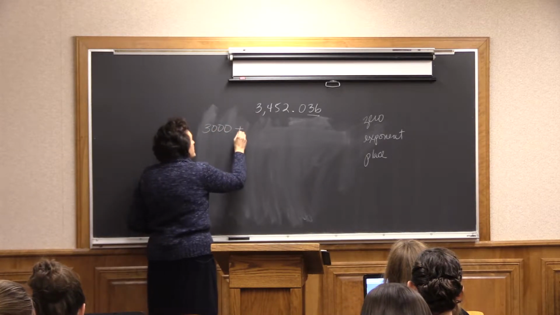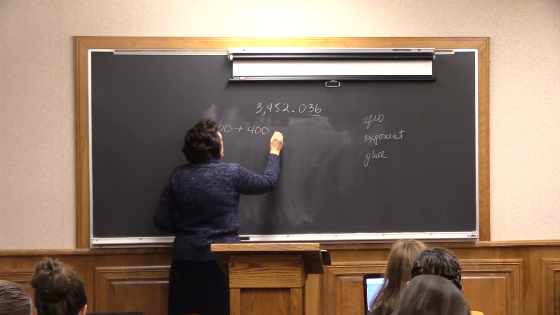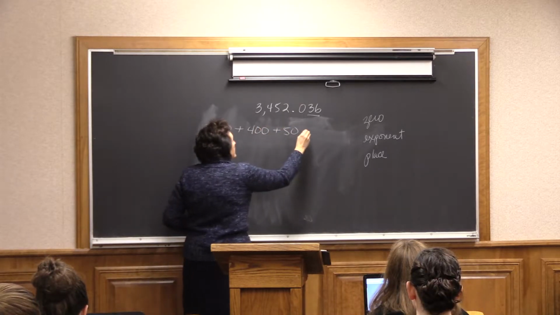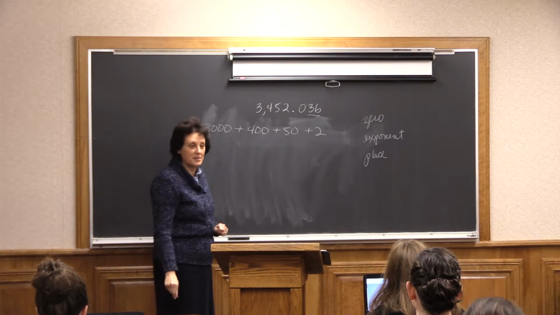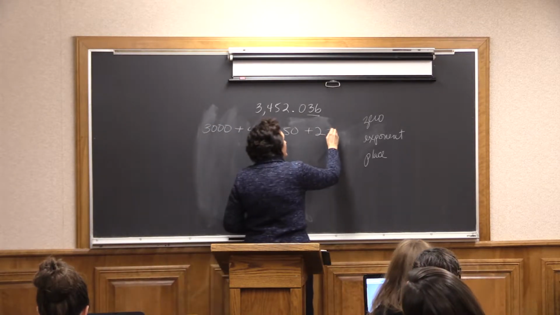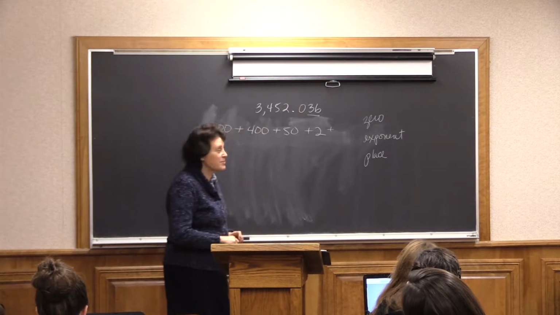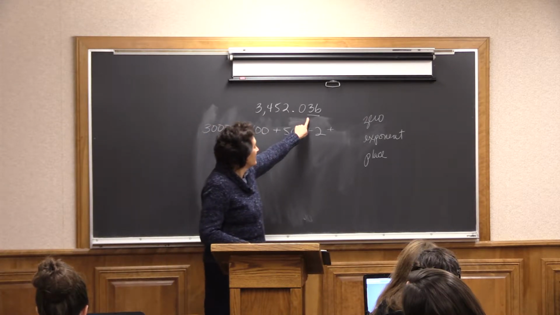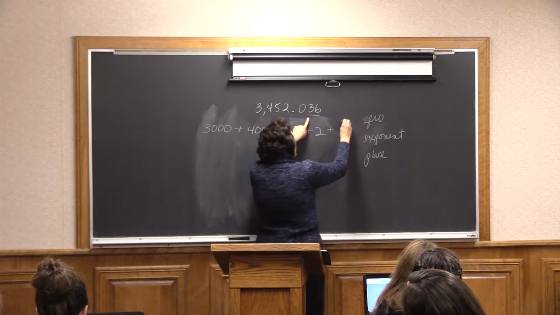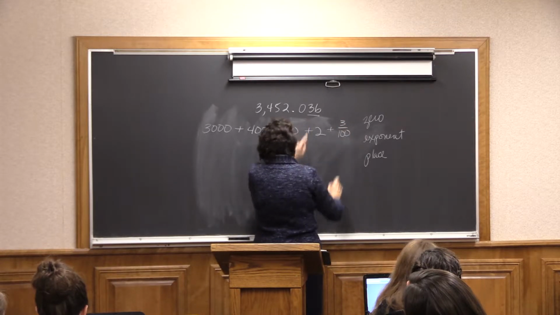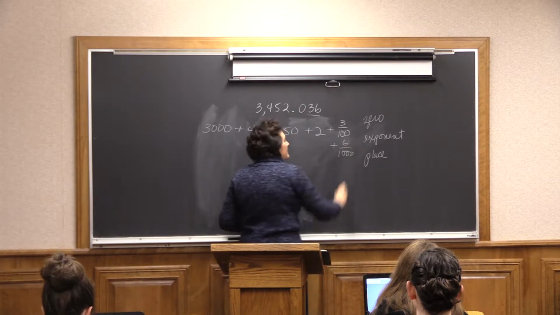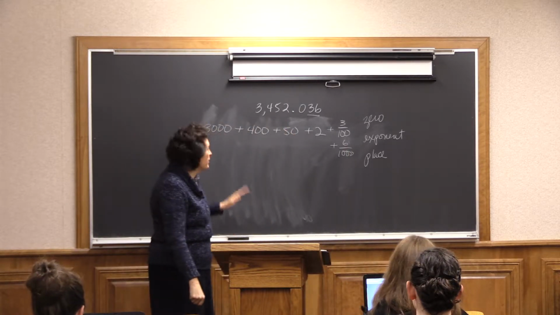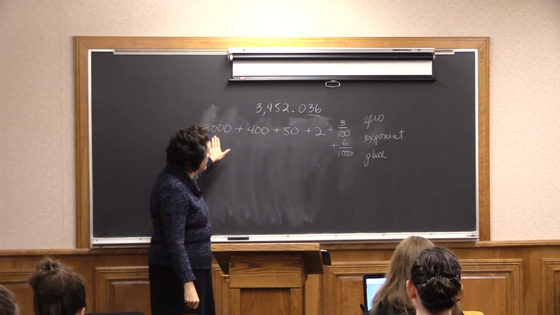This is 3,000 plus 400 plus 50 plus 2 plus, oh, there's different ways we could write this. What's the value of this 3? 3 hundredths, plus 6 thousandths. That's expanded form. We go digit by digit and give its value.